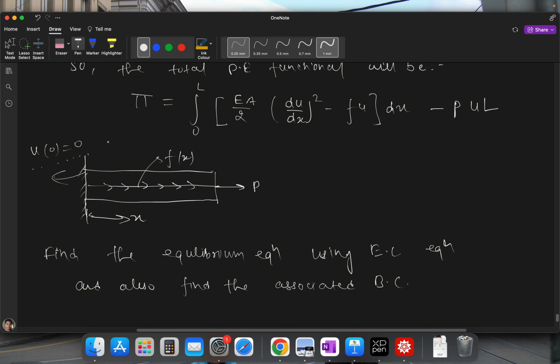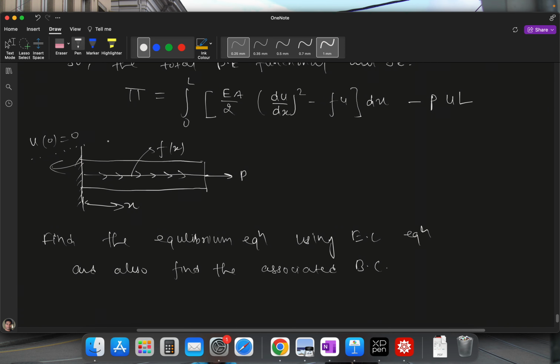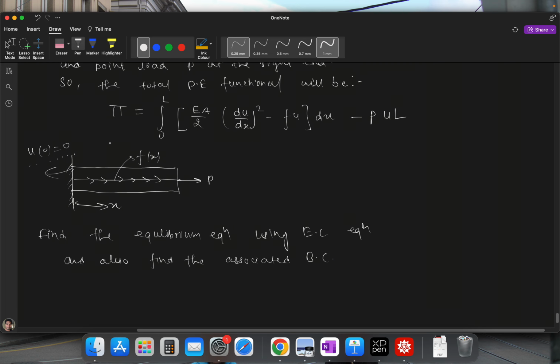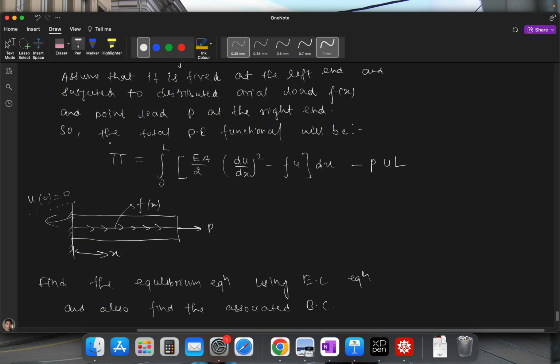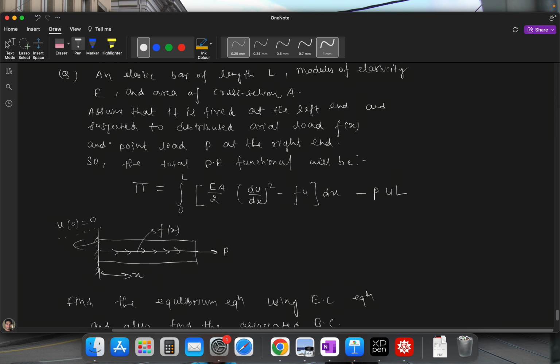The force is in the axial direction of this. Yes, axial direction.